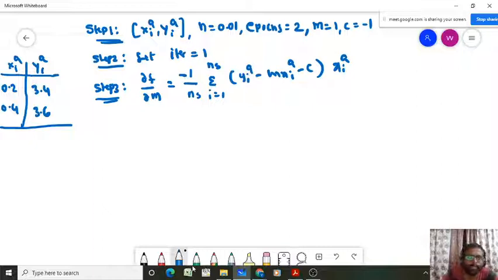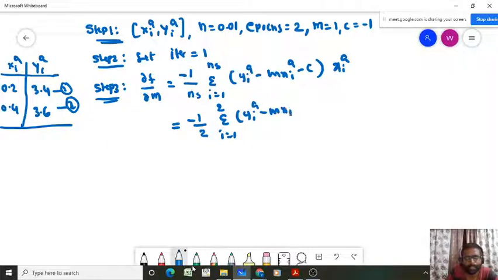So what is the value of n_s for us here? n_s equal to 2, because we have two samples, sample 1 and sample 2. So that is minus 1 by 2, sigma i equal to 1 to 2 of (y_i minus m x_i minus c) into x_i.